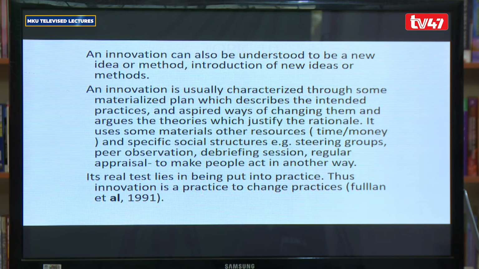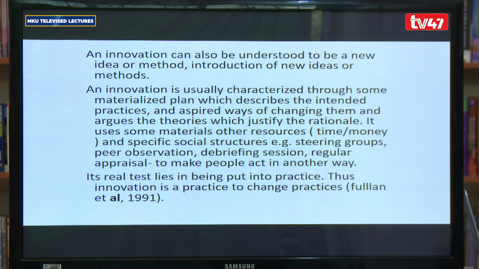An innovation can also be understood to be a new idea or method, the introduction of new ideas or methods. An innovation is usually characterized through some materialized plan which describes the intended practices and aspired ways of changing them and argues theories which justify the rationale.